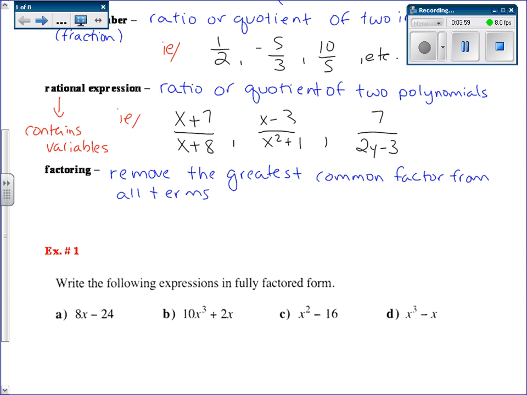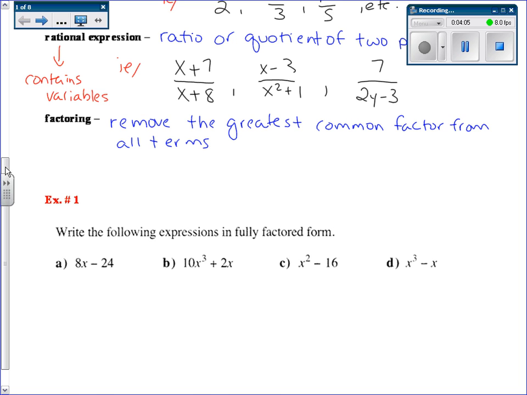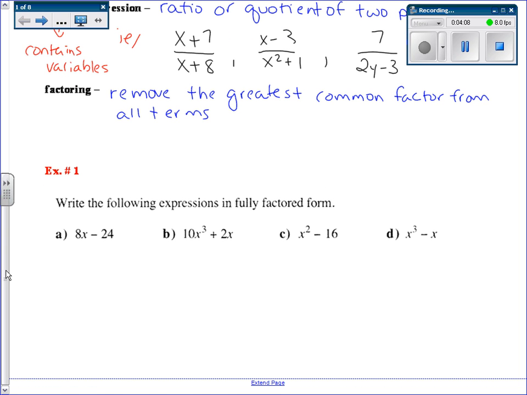So example 1, we'll review things that we can do to factor. What you're trying to do is take out the biggest number and biggest letter you can, and then rewrite the expression so that you can get back the original expression by just multiplying.